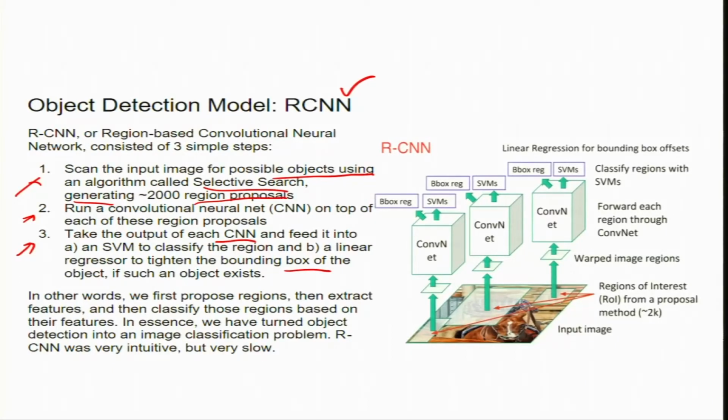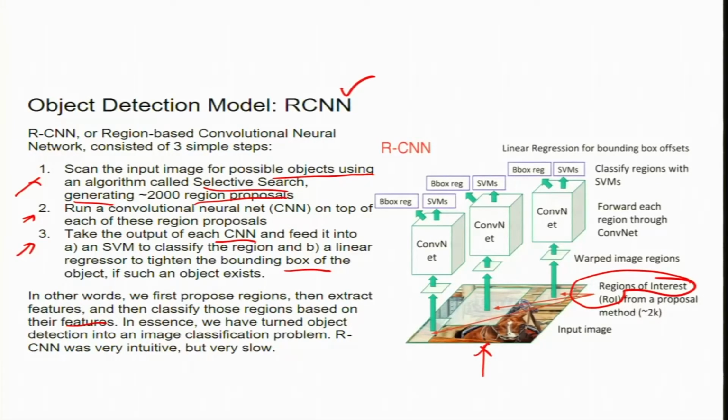In other words, first propose the regions, then extract the features, and then classify those features for those objects. In essence, object detection uses image classification, and RCNN is very intuitive and very slow because it has to first identify those regions of interest, that is called ROI, from the proposal methods on the input image.